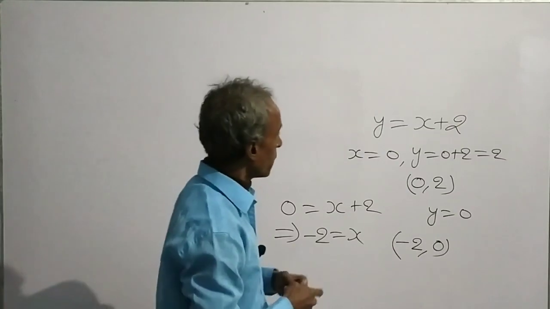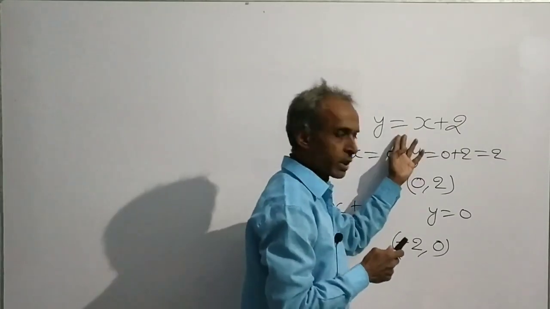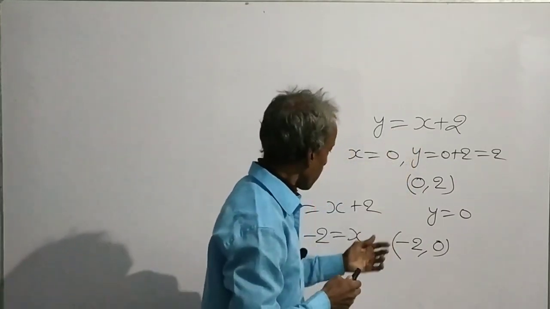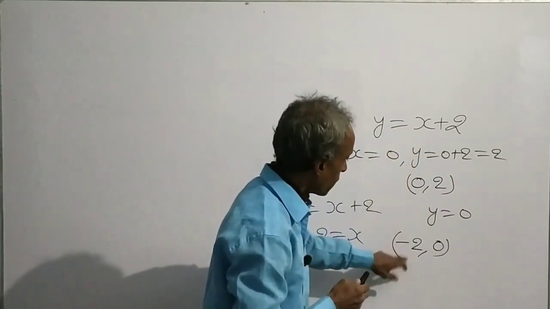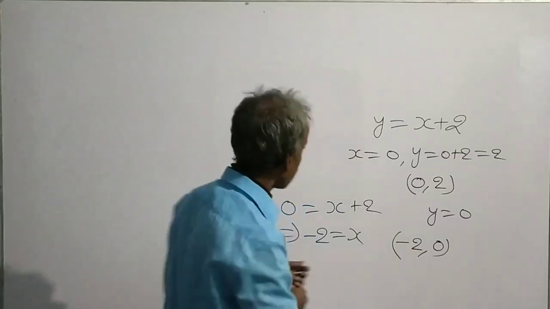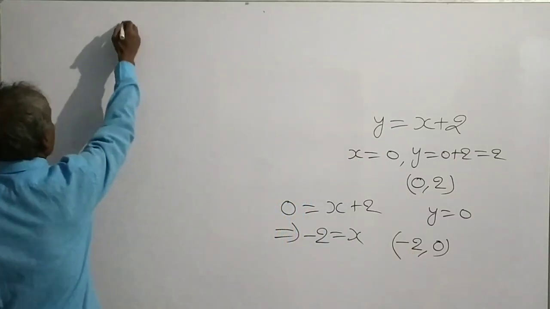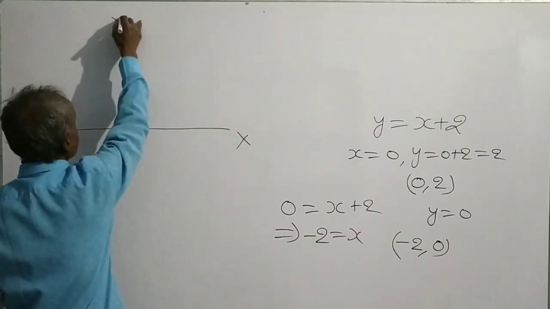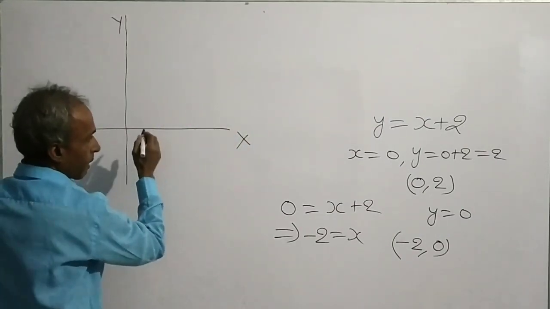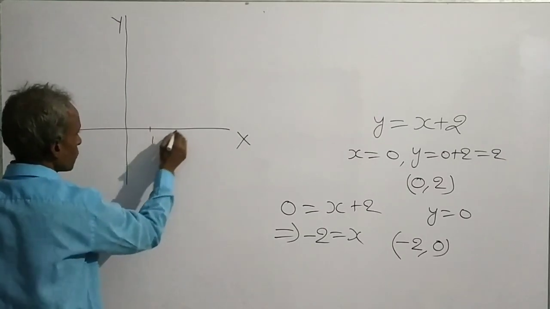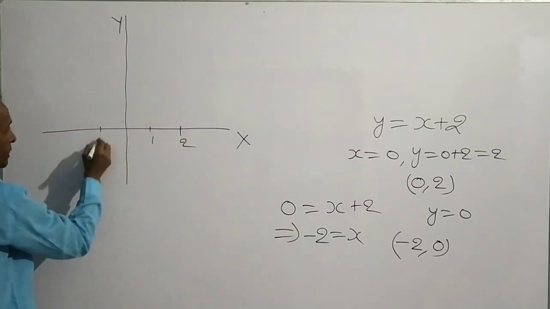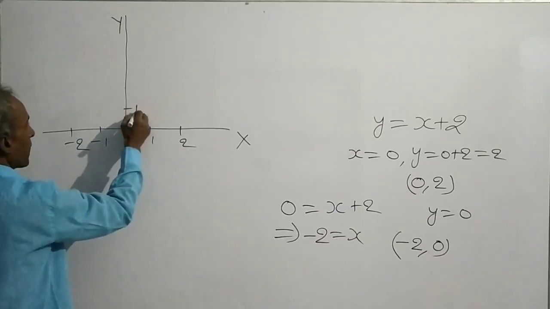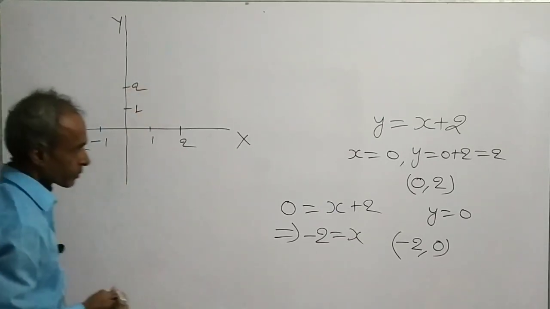Now we will draw this straight line on the plane by locating these 2 points. This is x-axis, this is y-axis. 1, 2, minus 1, minus 2, 1, 2.